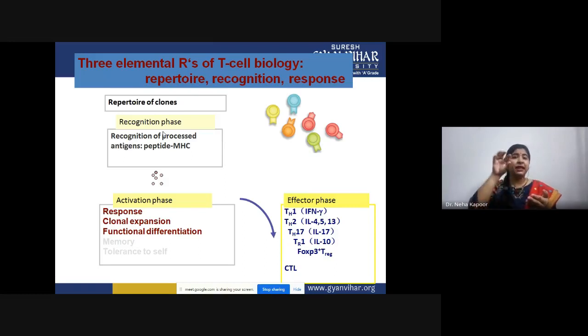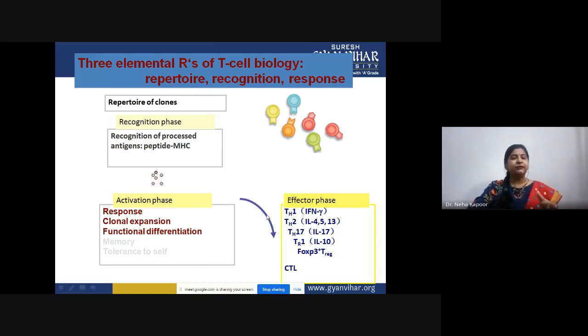That means this repertoire of clones shall recognize the peptide MHC complex. Once they have recognized it, then the response phase is activated. That is known as the activation phase. In that case, a response is triggered against that very presented peptide. Clonal expansion is happening and functional differentiation is happening.